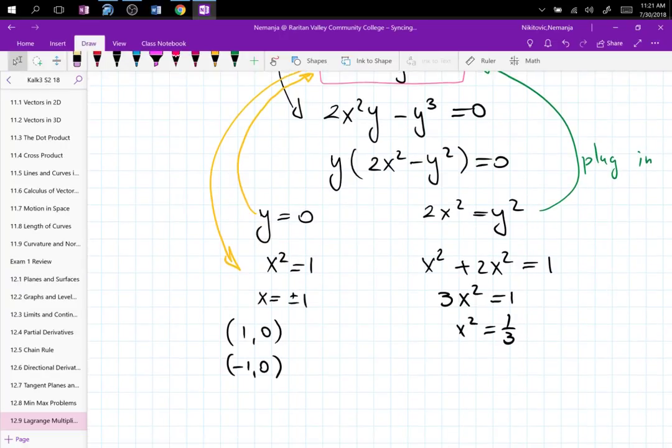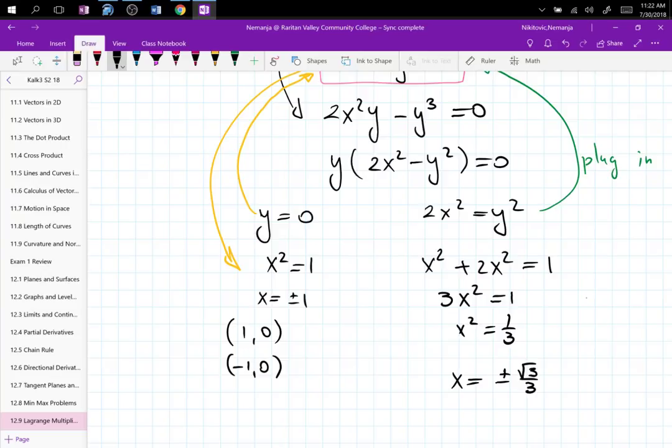And then when you take the square root of this, you get that your x's are plus minus square root of 3 over 3 when you rationalize, which gives you x values.